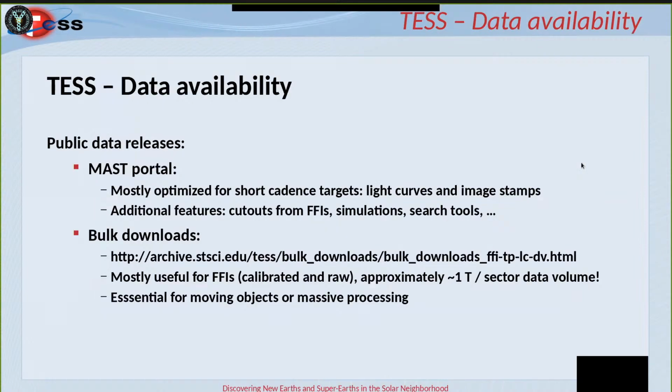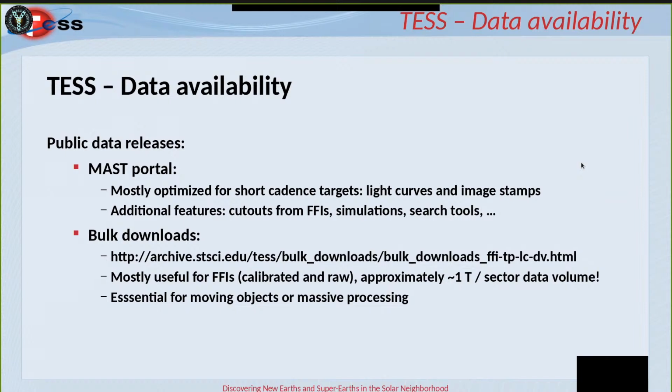So what is the data availability of TESS? Public data releases. There is the MAST portal, the archive of the Space Telescope Science Institute. The portal itself is optimized for short cadence targets, light curves, and image stamps.